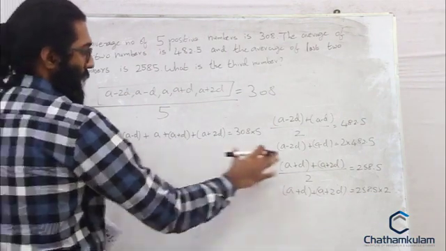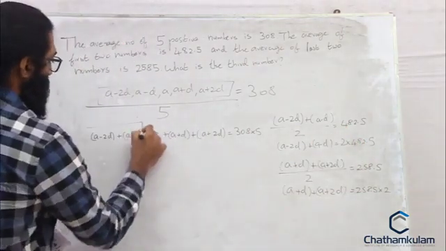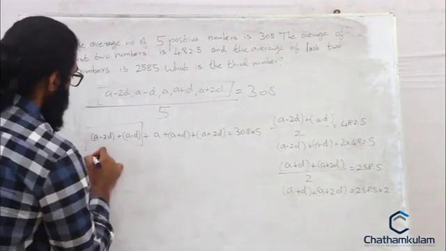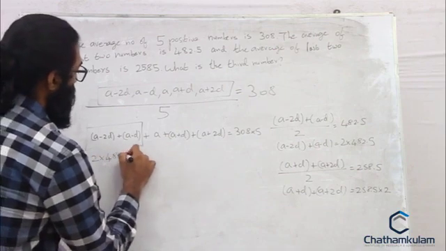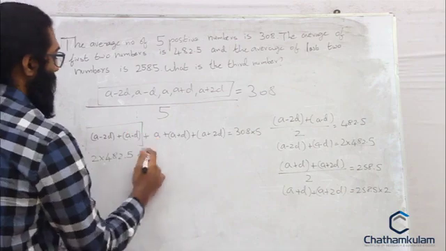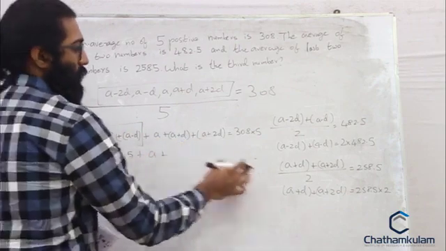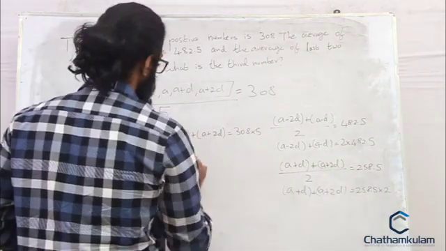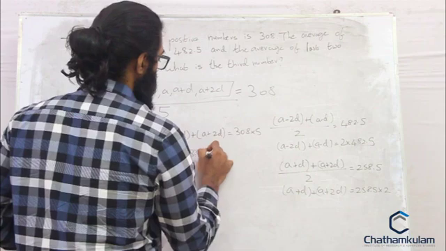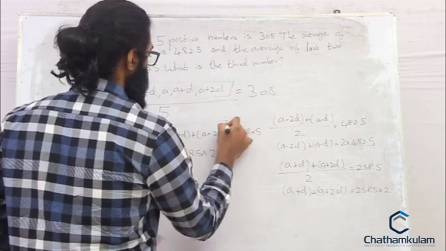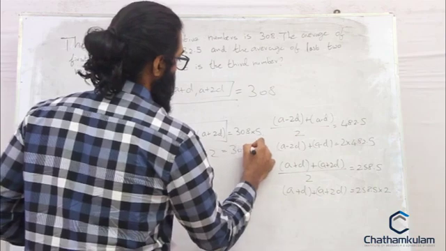So we substitute the values of the sum of the first 2 numbers. So in the place of this, we can write 2 into 482.5 plus, we don't know a, so we write it here as a, and the sum of the last 2 numbers is 258.5 into 2. So this is equal to 308 into 5.